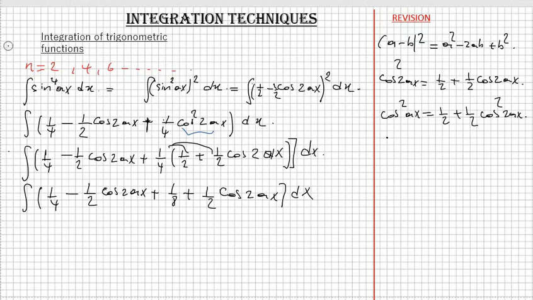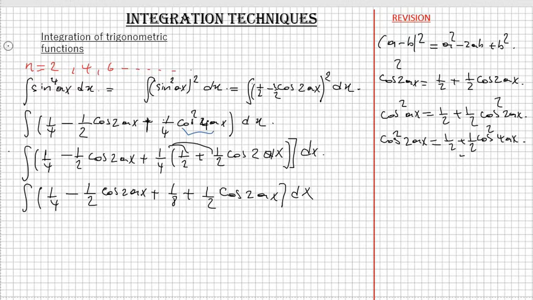So now what if I have cos square of 2x? It's gonna look like this one, except that instead of multiplying ax by 2, we're gonna have 4. So we're gonna have half plus half cos square of 4ax. So this is what we have here.